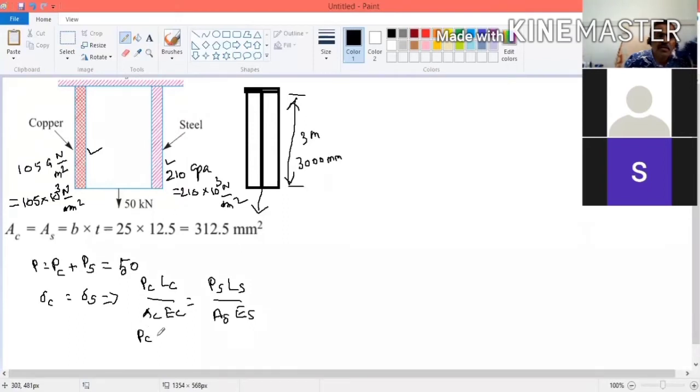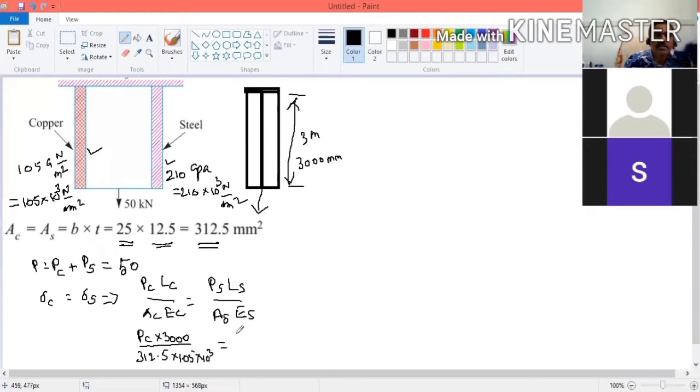PC into LC: the length of the copper rod is 3 meters, so 3000 mm, divided by the area, which is 25 into 12.5, that is 312.5 mm², into EC, the Young's modulus of copper, 105 into 10 power 3.